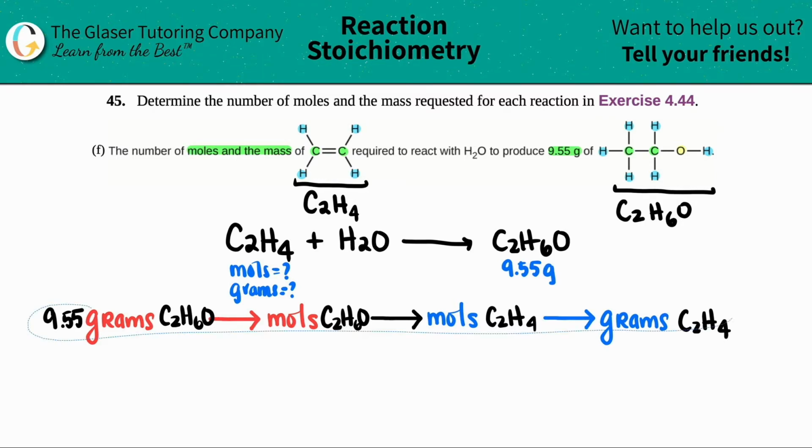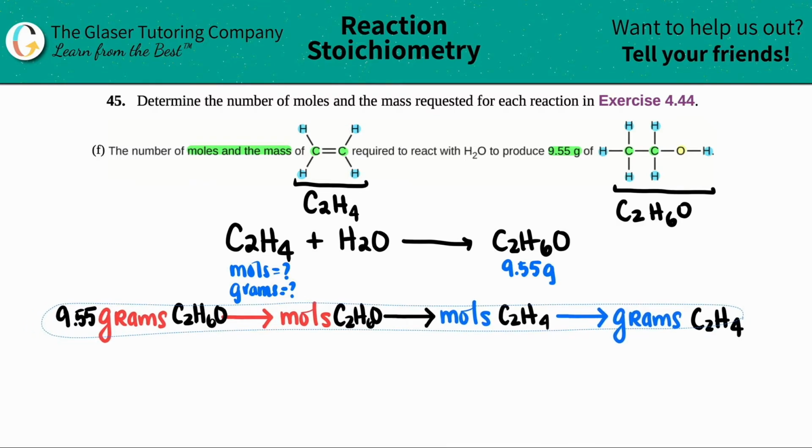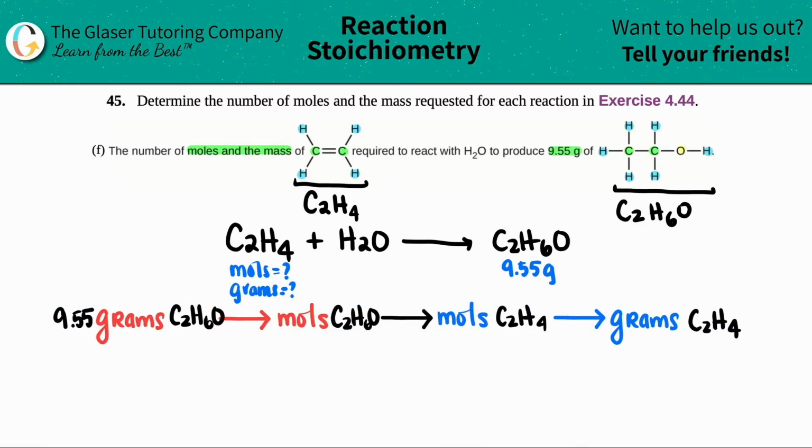Okay, so like I said in the beginning, stoichiometry is just doing ratios, doing conversion factors. Always start with what you're given. So in this case, I have 9.55, and now I'm going to color code this. This is red because this is the start. Grams of C2H6O. Now remember, we're just going to work with conversion factors. I want to go from grams of the ethanol to moles of the ethanol.